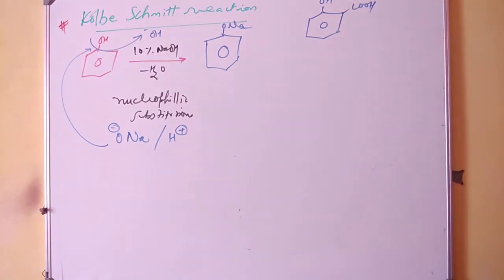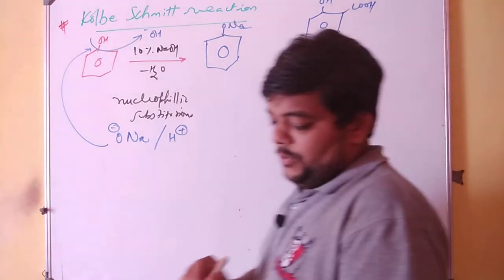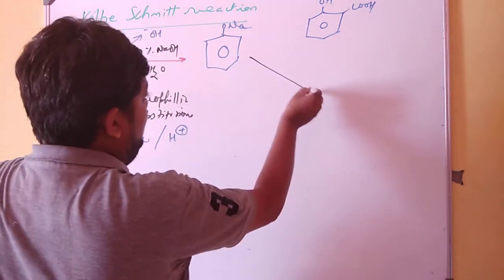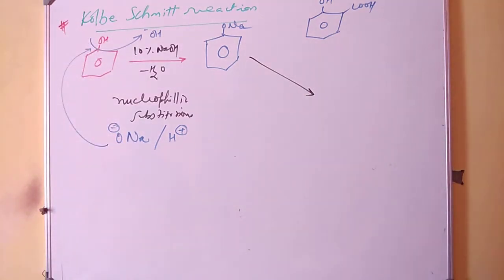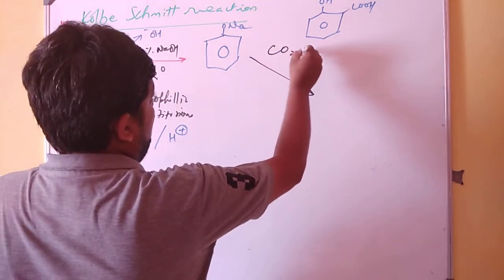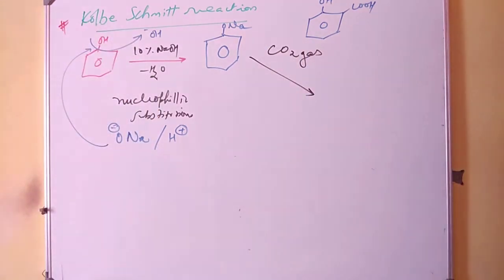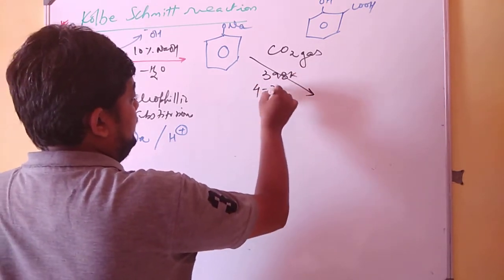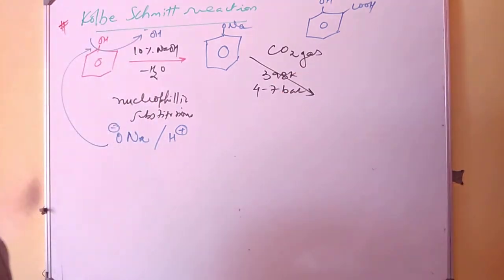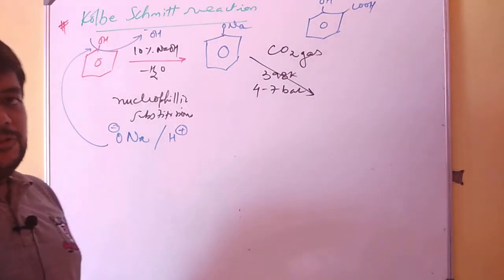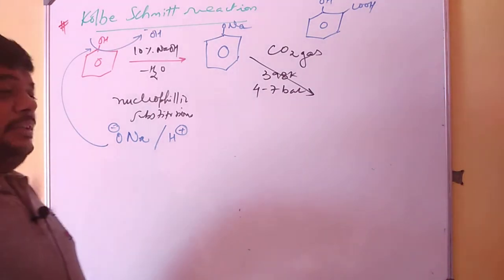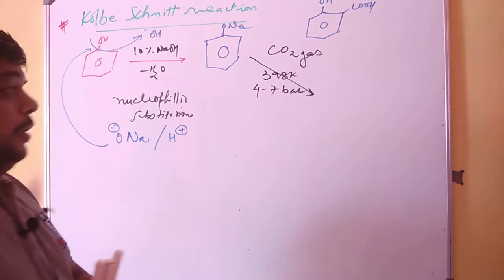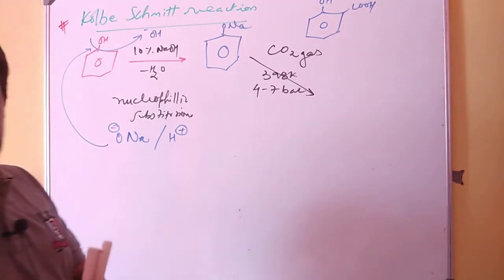Once we have sodium phenoxide, we can move a step ahead, where a treatment with carbon dioxide becomes essential during this Kolbe-Schmitt reaction, where carbon dioxide gas is used at a temperature of 398 Kelvin and 4 to 7 bar pressure. Friends, remember very well, with the change in reference book at this plus 2 level, sometimes the temperature and pressure values change, so you can go according to the reference you are using or which is essential for appearing in your exams.